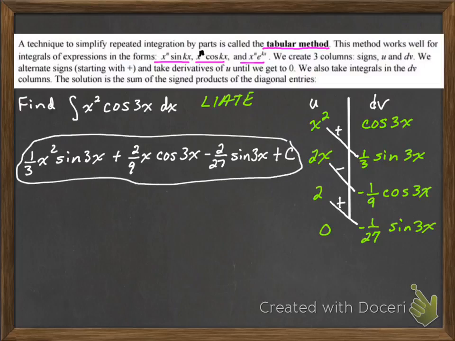And this is your antiderivative using the tabular method. Now, you could also check your work by taking the derivative of this. You'd have a product rule here, you'd have a product rule here. You can find the derivative, and the derivative of all this will come out to be x squared cosine 3x.